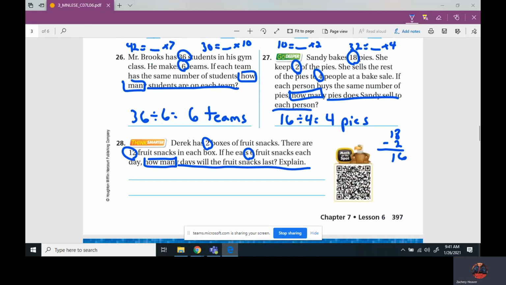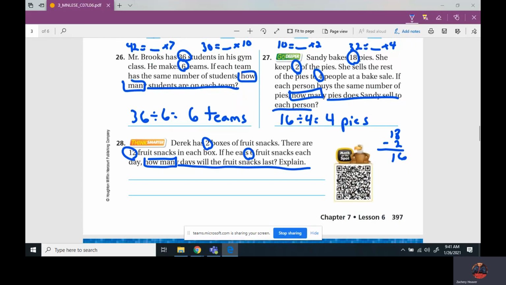You're fine, Troy. Pay attention up here. Board. So, Jack, how many fruit snacks does Derek have total? How am I going to find that? No, first let's find the total. And then we're going to find the days. Can't find the days till we find the total.